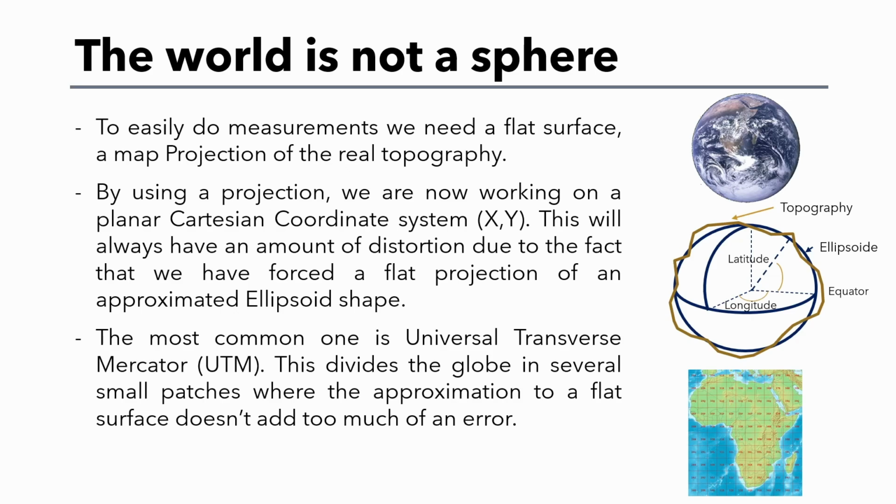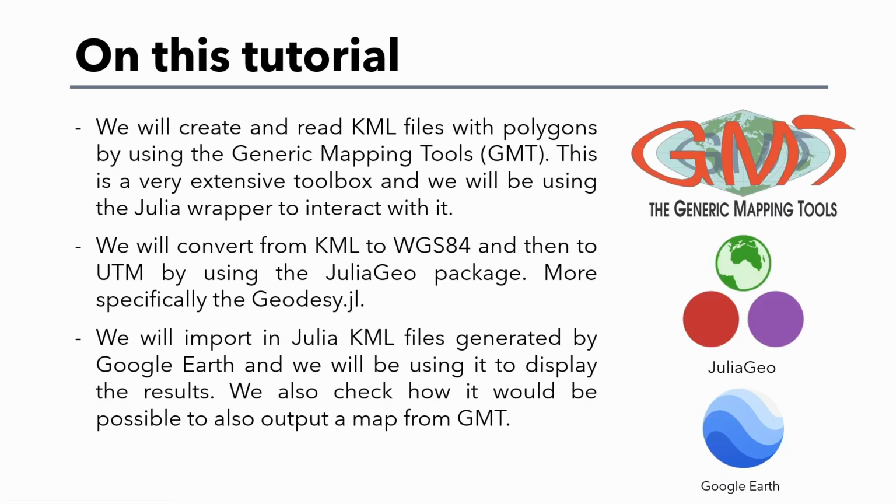So X and Y, your normal 2D plot. This will always have an amount of distortion, of course, because we are forcing a flat projection of something that is, well, approximately round and can be modeled with an ellipsoid shape. The most common one is UTM, Universal Transverse Mercator, that divides the globe into small patches where we can accept that the distortion is not too much.